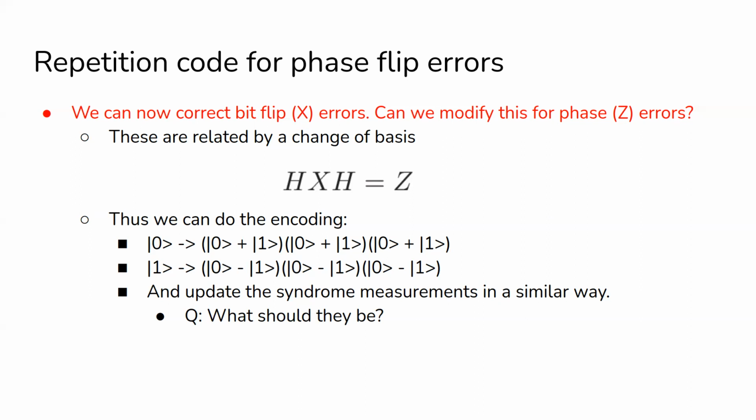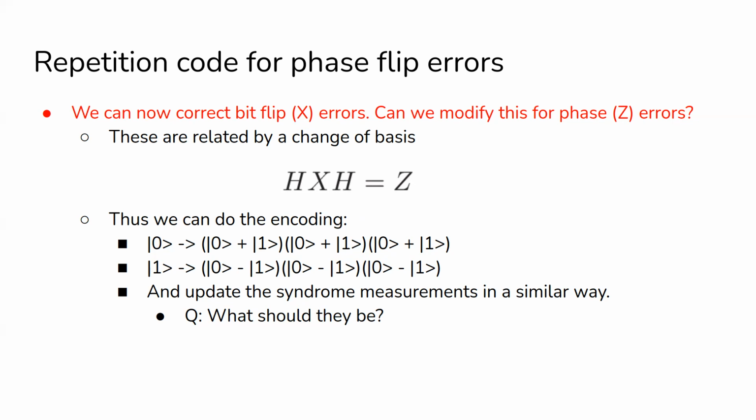And so instead of mapping 0 into 3 copies of 0, we can map it into 3 copies of 0 plus 1. So that's what's shown here. And remember, you see the relation here: Hadamard acting on 0 is this state, 0 plus 1. So instead of coding 3 copies of 0, we do 3 copies of this state. It's called the plus state. And then we take 1 and we do 3 copies of the minus state. And this is exactly the change of basis.